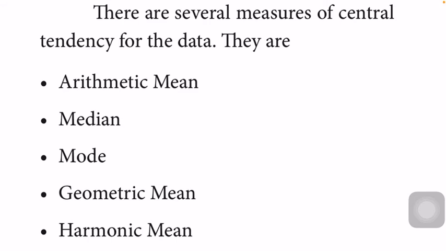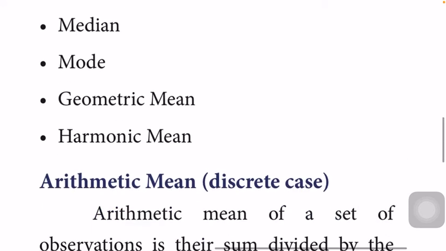But the measures of central tendency help us to understand the sparseness of data. Arithmetic mean, median, mode, geometric mean and harmonic mean are the few basic methods we use to calculate the measures of central tendency.